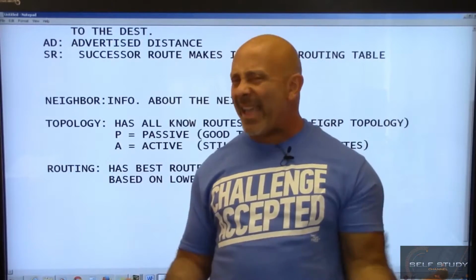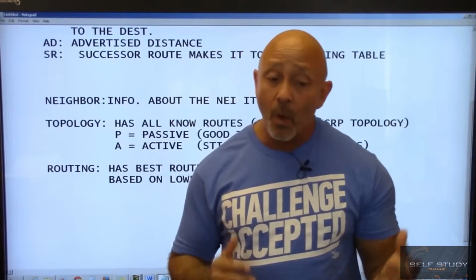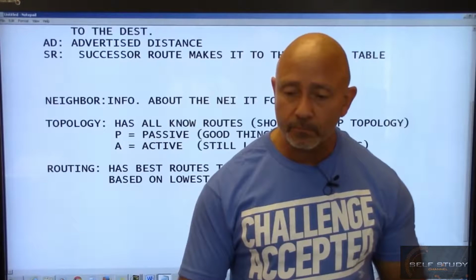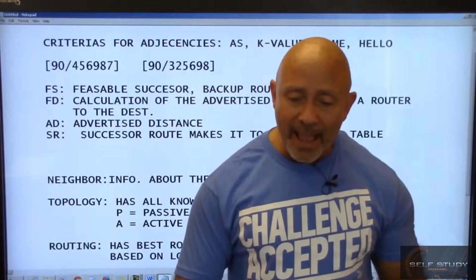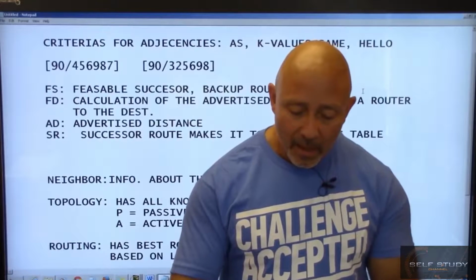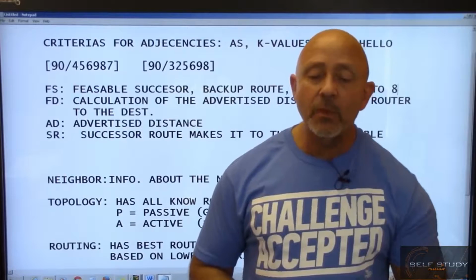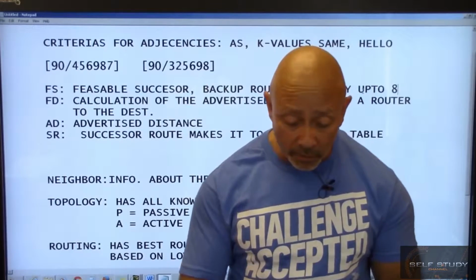You can have up to 8 feasible successors. Wow. And let's go back up into the notes and put that in there. You can have up to 8 feasible successors. That is awesome.